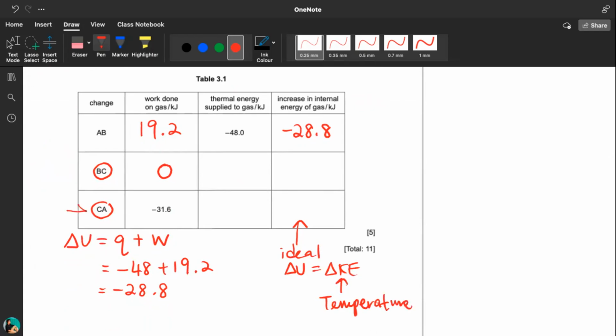For process CA, there is no change in temperature. There's no change in the kinetic energy. There's no change in the internal energy. So this will be zero. Temperature constant.